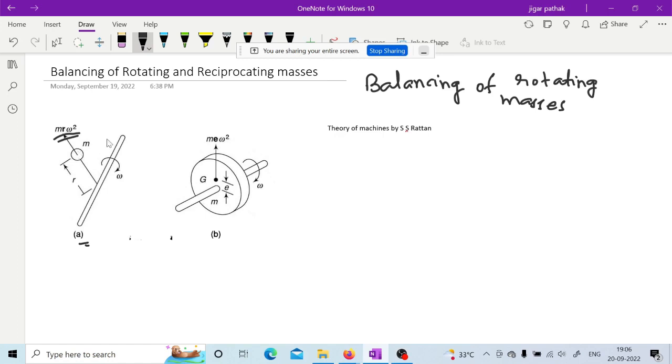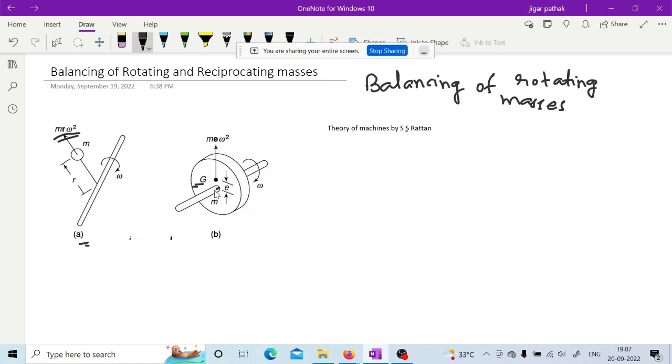Another case is if the center of gravity or mass center of the component is not on its geometric center. Here is the geometric center of this disk, but the center of mass is not coinciding with it. It may be because of some density difference.